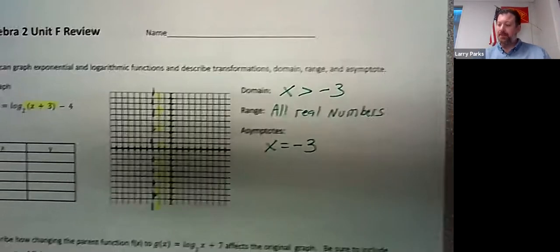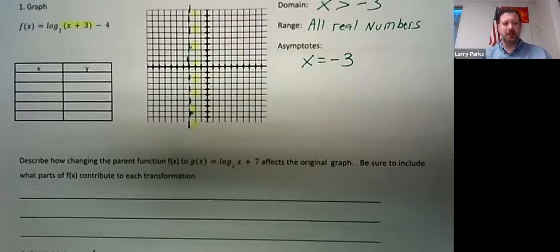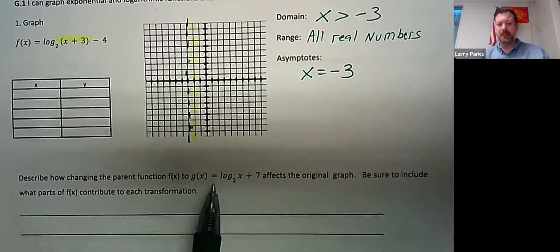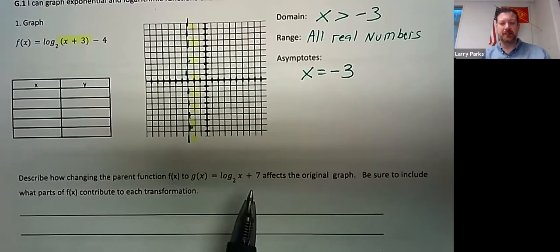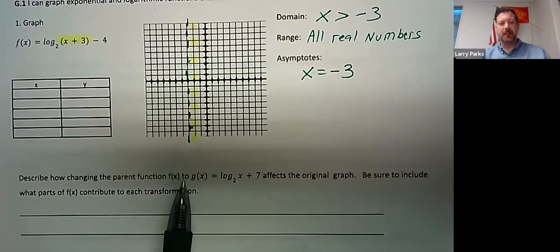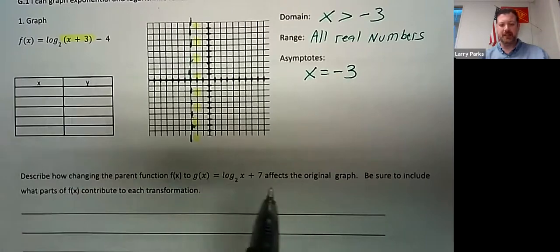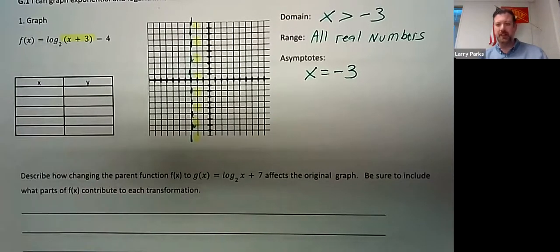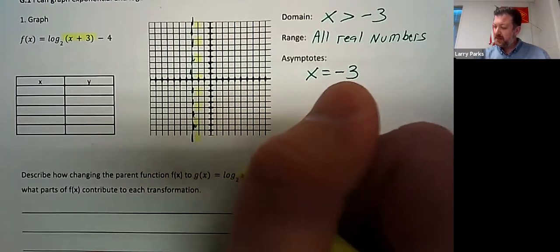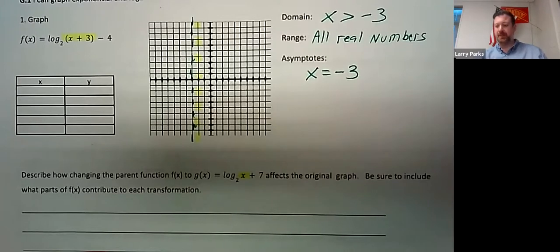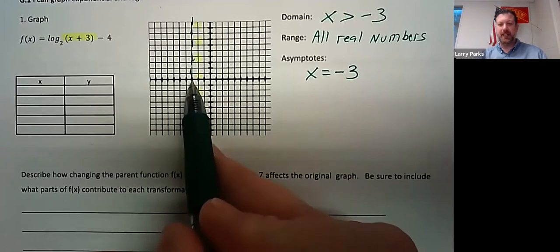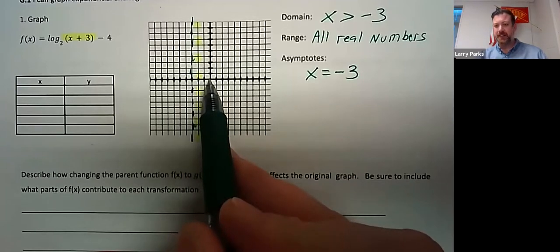All right. Now describe how changing the parent function, so here's my parent function, f of x, to this new one affects the original graph. Okay, so what if I were to change this to this? If I start out at x plus 3 and I just change that to x, this is going to shift 3 to the right.